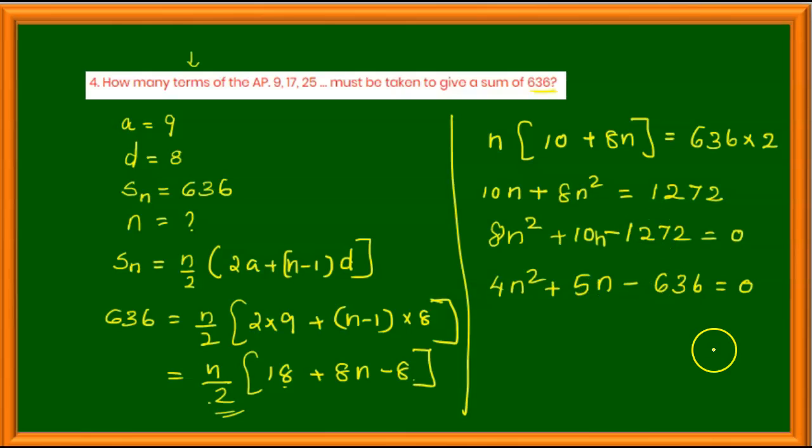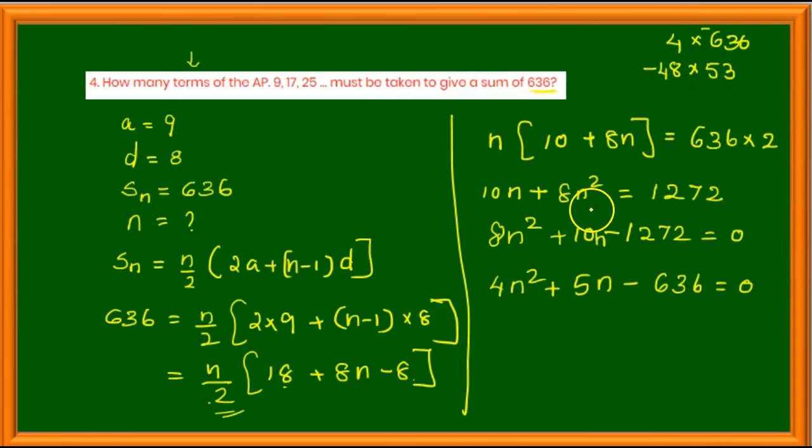So instead of multiplying that one, we can take the factors of that one. 636 is there and into 4 is there. If we split the middle term, you will get plus 53 and the product is negative, so the second one should be negative, that is minus 48.